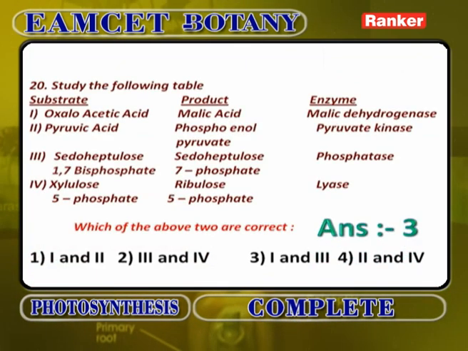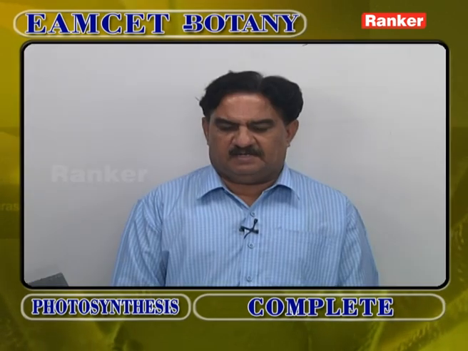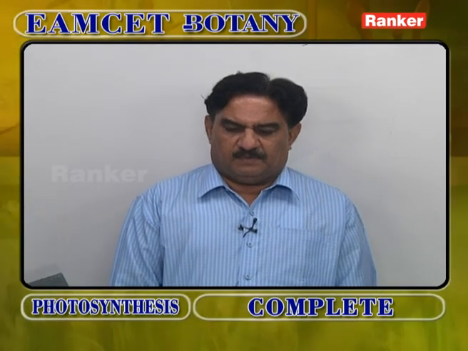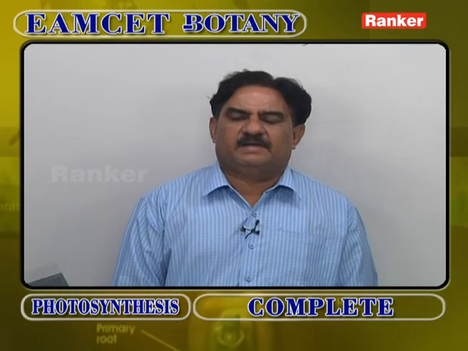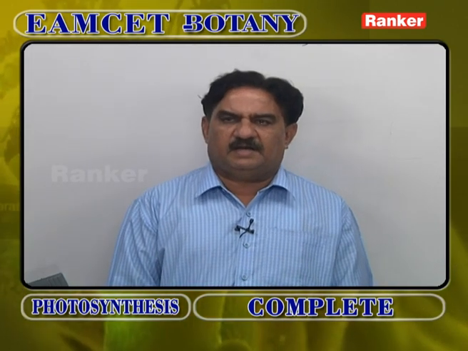Now this is a 3-column matching format. We have to identify the correct ones. Oxaloacetic acid converts into malic acid in the presence of malic dehydrogenase is correct. Pyruvic acid converts into phosphoenol pyruvic acid in the presence of pyruvate kinase is wrong. It is pyruvate dikinase.